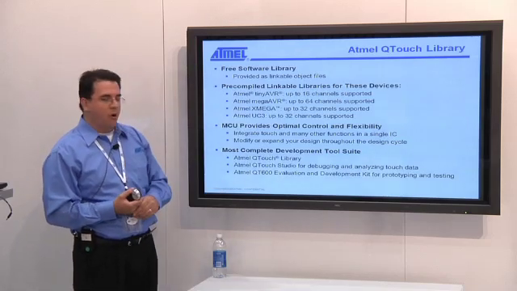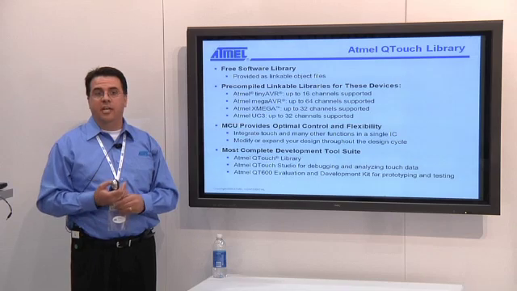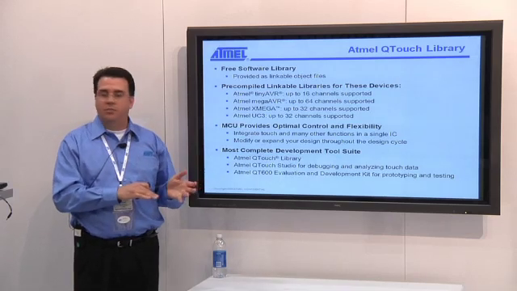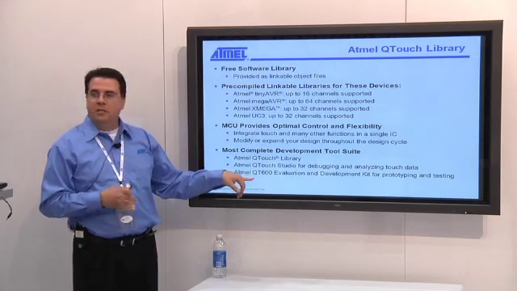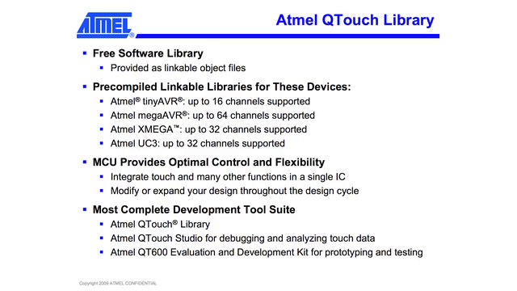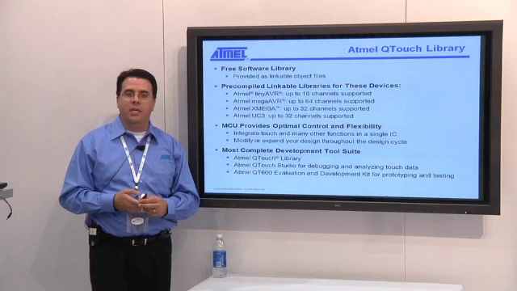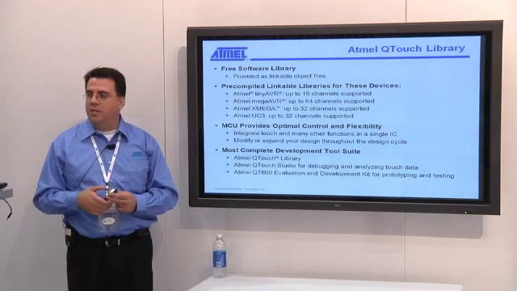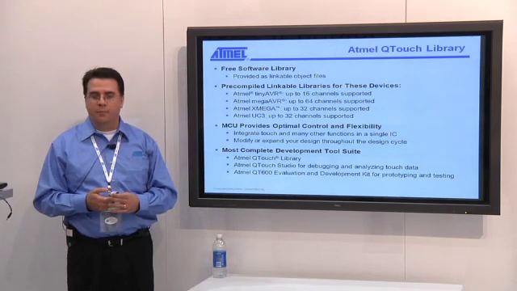And then we have a hardware platform, which is our QT600 kit, in addition to other development kits. This is our full modular development and evaluation kit that allows the user to even design their own hardware to plug into the QT600 development system to do your own end system prototyping.